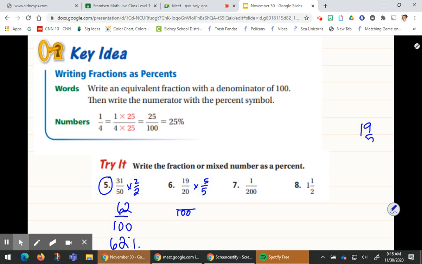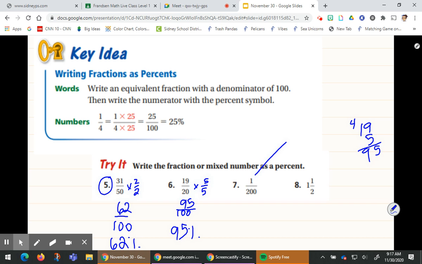Well, I was thinking it was 96, but I guess you guys are right. Why was I thinking it was 96? Oh, because I was still thinking about multiplying by 4. I got that stuck in my head. So it's 95%, right? You have 19 out of 20.